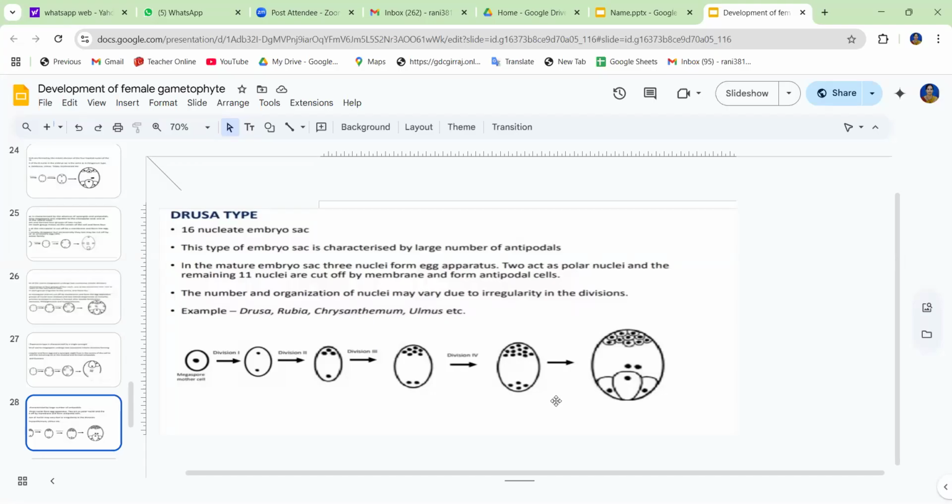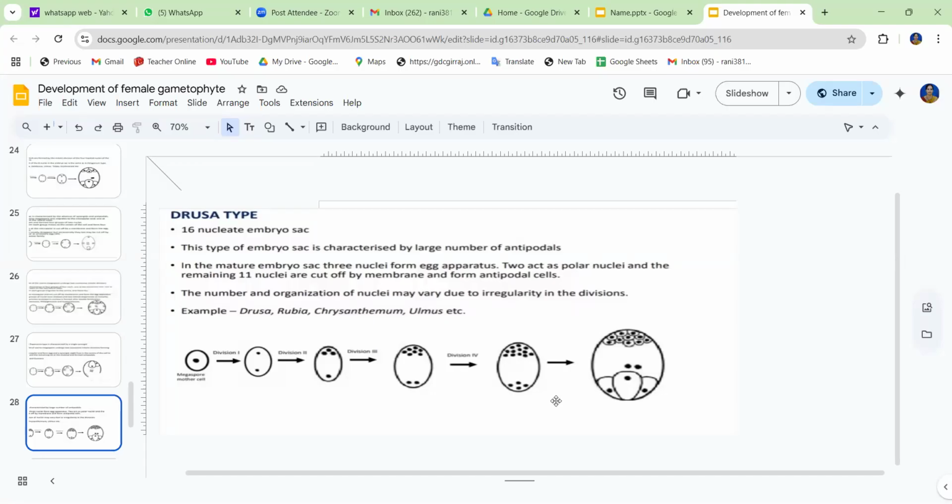This is followed by 2 successive divisions, forming 4 micropylar nuclei and 12 antipodals. The 4 micropylar nuclei give rise to the egg apparatus and upper polar nucleus, and the 12 chalazal nuclei form a lower polar nucleus and 11 antipodal cells.